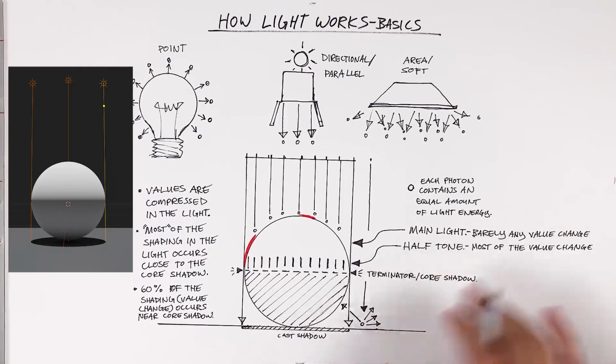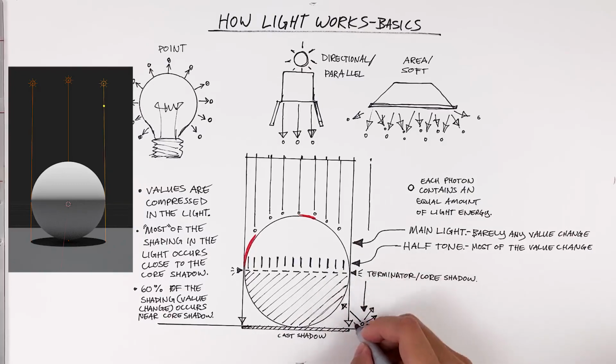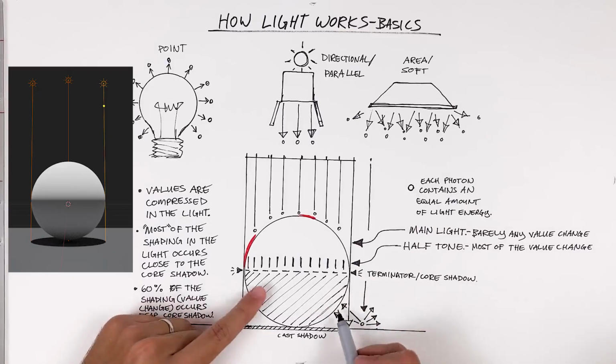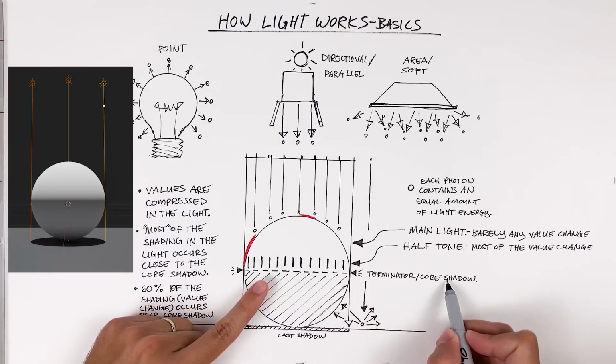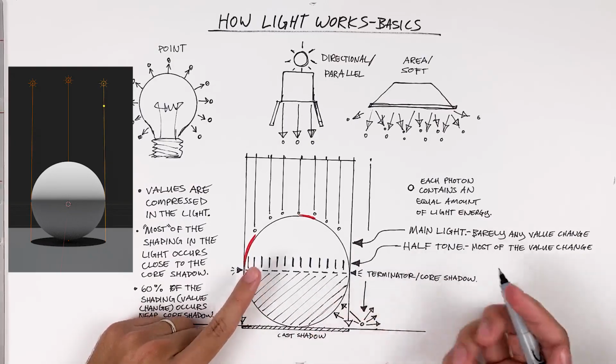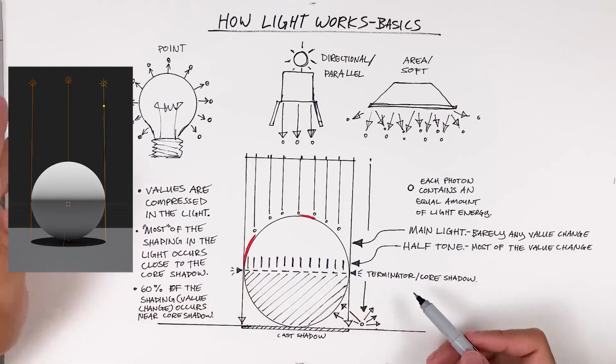So light will scatter in all directions. And that will bounce back up into the shadow side of the ball. So this will have the effect of making the core shadow look darker by contrast, make it stand out more, as I'm sure you've seen in well-rendered pieces of art.